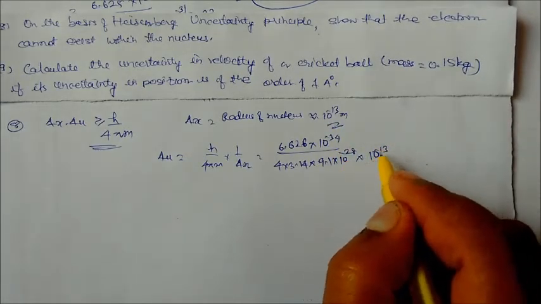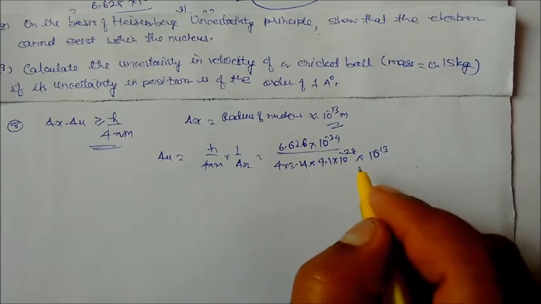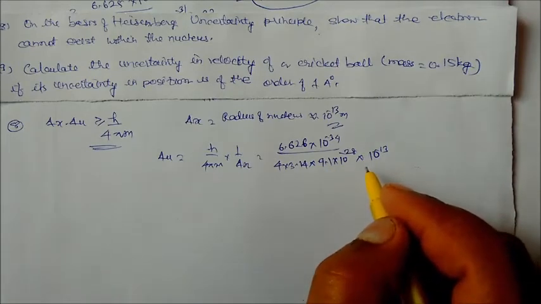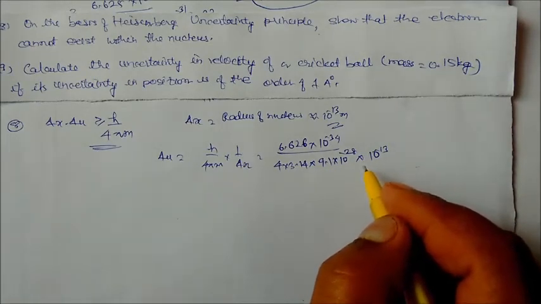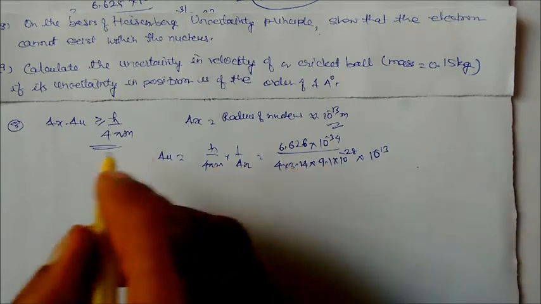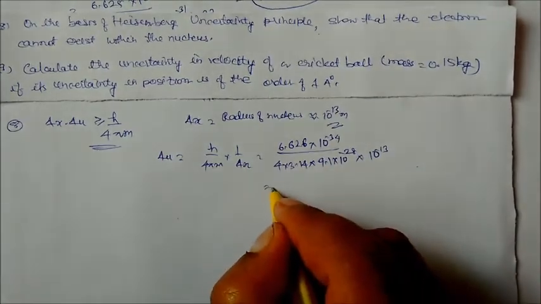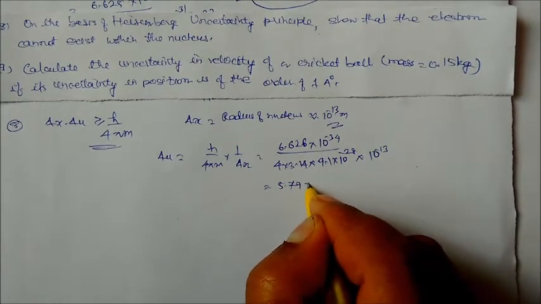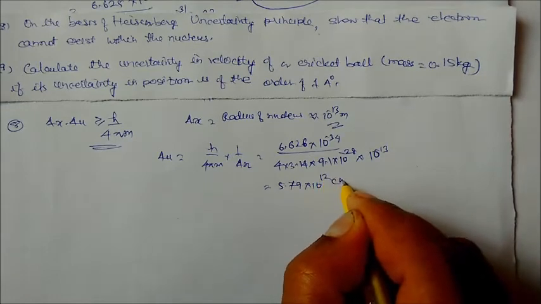So this is the radius of the nucleus of the atom, almost this much. On solving you will get 5.79 into 10 to the power 12 centimeter per second.